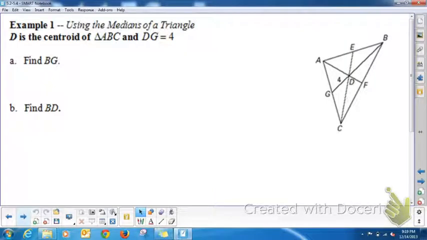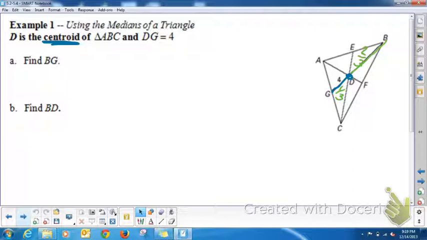Using the medians of a triangle, if D is the centroid, that's how you would know that these are medians. And D to G is 4. So D to G, that's the 1/3. That's the small part that goes from the centroid to the side. That means D to B would be 2/3. So let's find the whole thing.